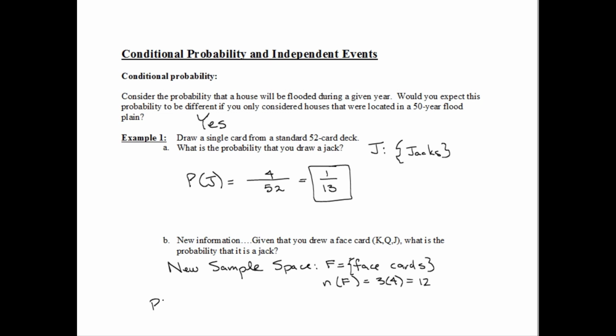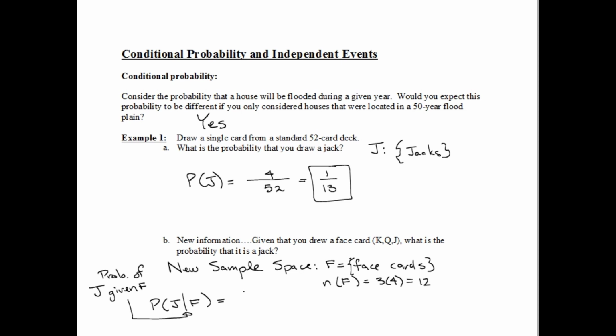So my probability of getting a jack given, okay, here's some new terminology, this is the probability of J given F. We indicate the given with a vertical bar.